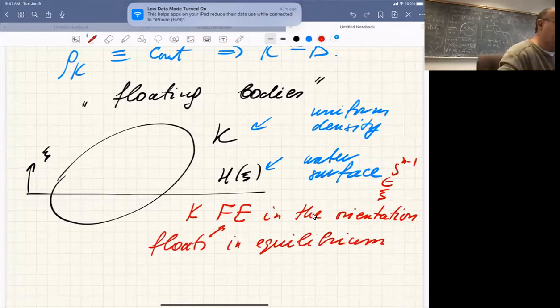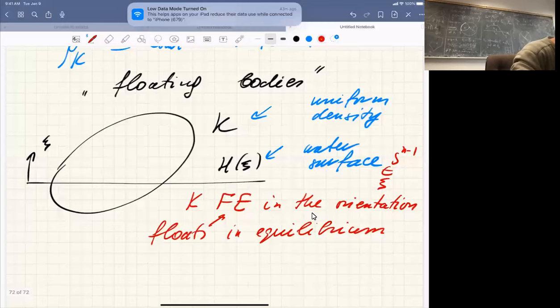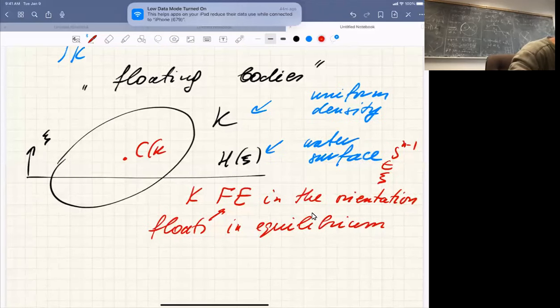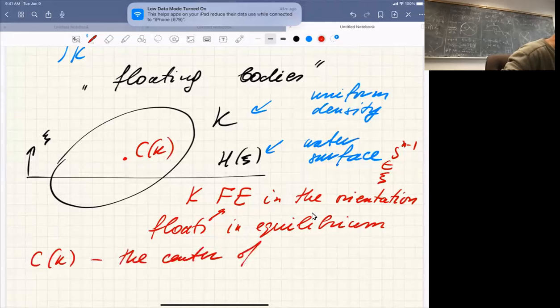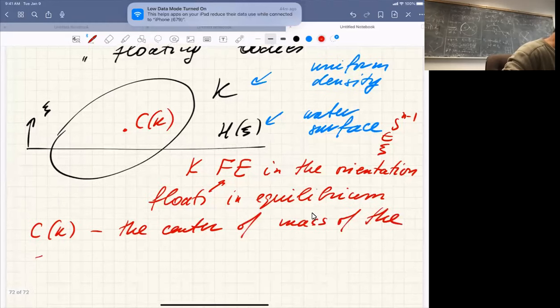What does it mean? It means the following. I'm going to take the center of mass of the body, C(K). So C(K) is the center of mass. And I'm going to take the center of mass of the underwater part.